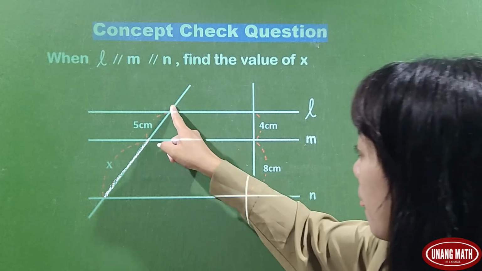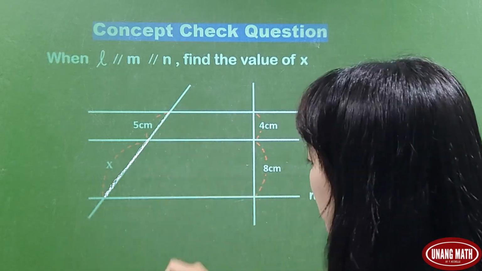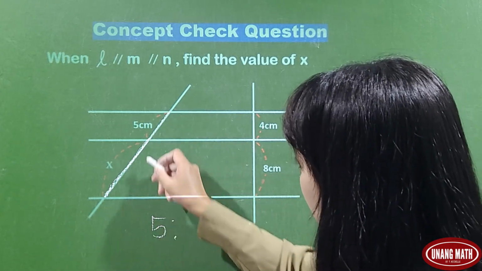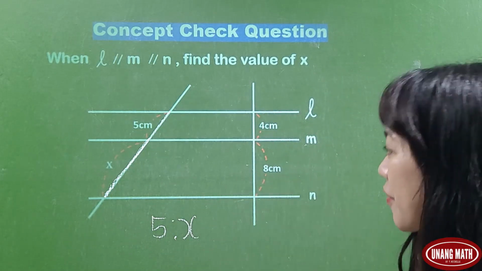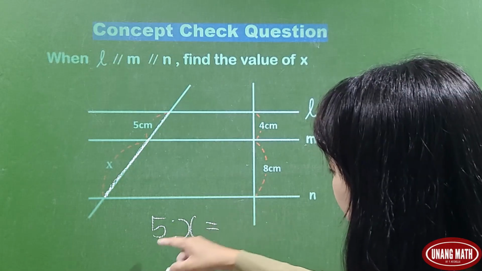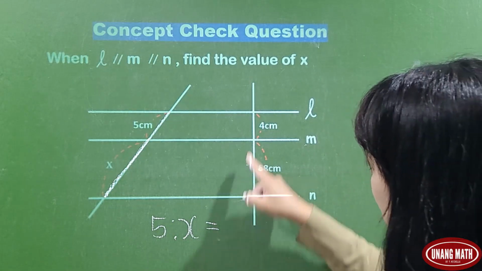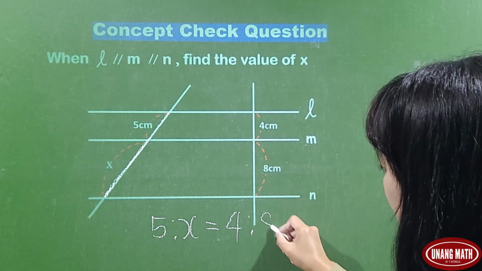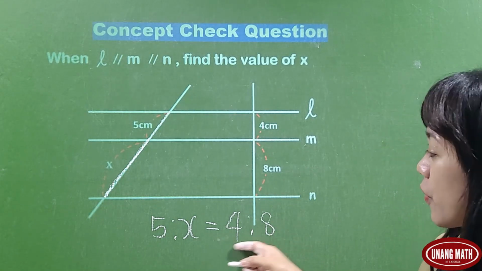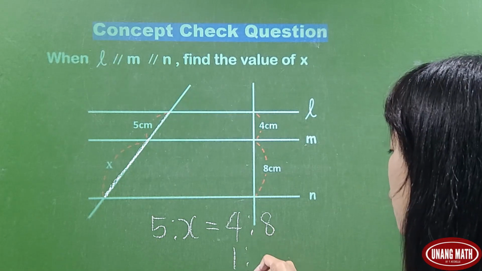Now, this is 5 centimeters. So this is 5 is to X. This is our first ratio. And this is equal to the ratio of 4 is to this length, 8. If we simplify 4 is to 8, then this is 1 is to 2.